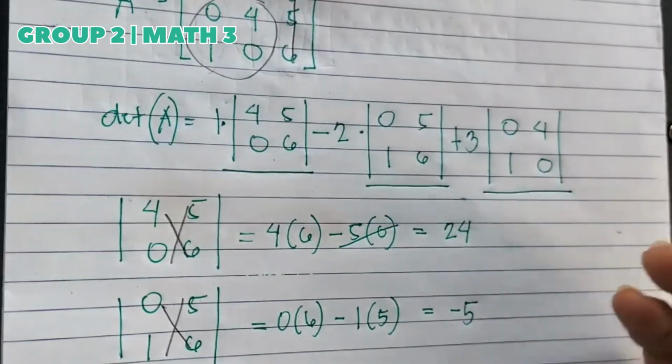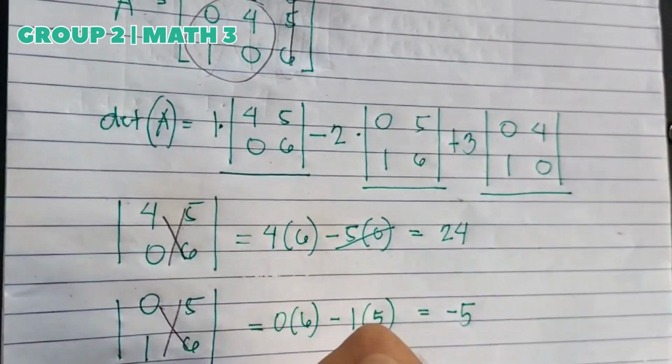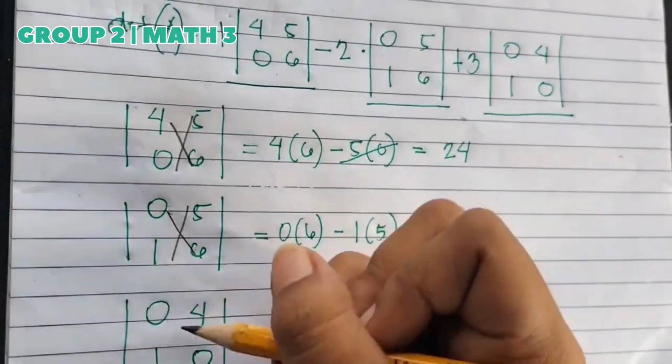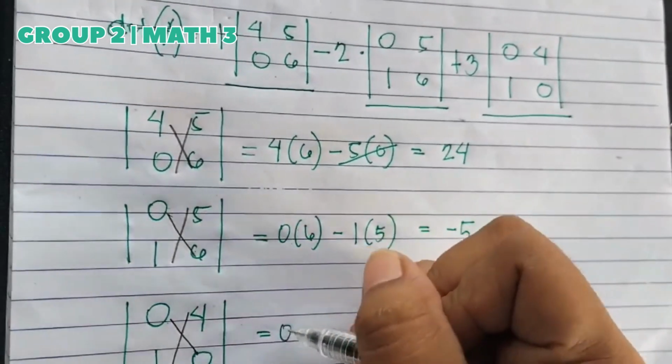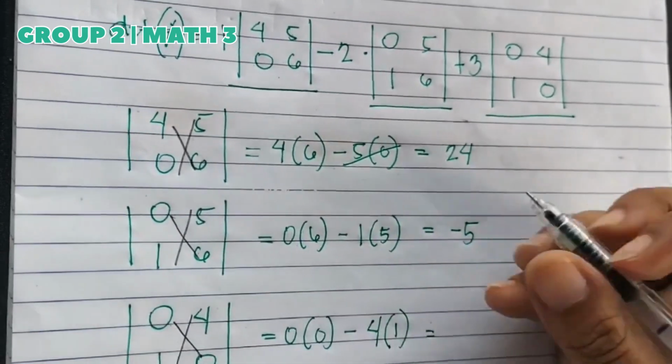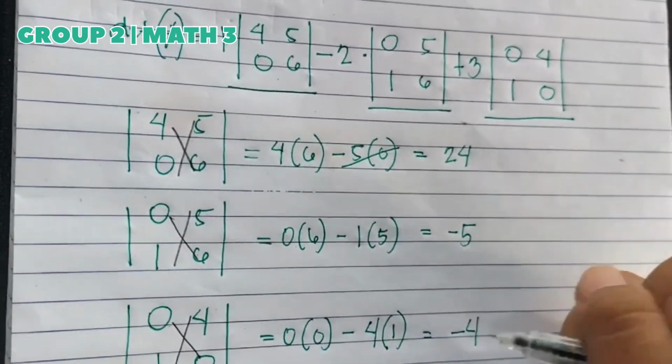Next, the absolute value of 0, 1, 4, 0, same process. 0 times 0 minus 4 times 1 equals negative 4.